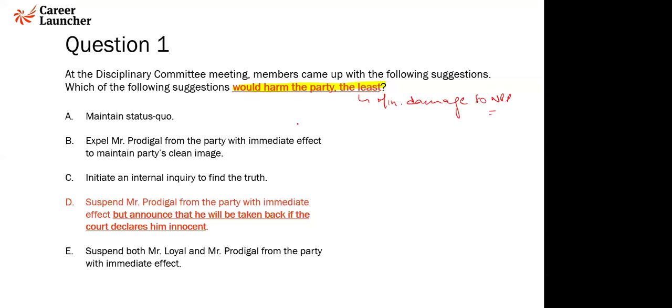So maintain status quo. Will it lead to big damage, small damage? It will lead to some damage. But I can't say anything till I compare it with other choices. So one of the things which I would want you to always remember, as far as decision making is concerned, you have to read all choices and do inter-se comparison of choices.